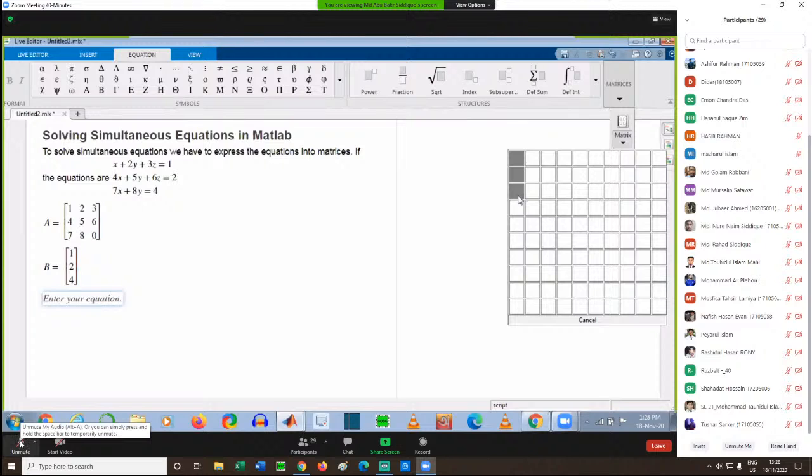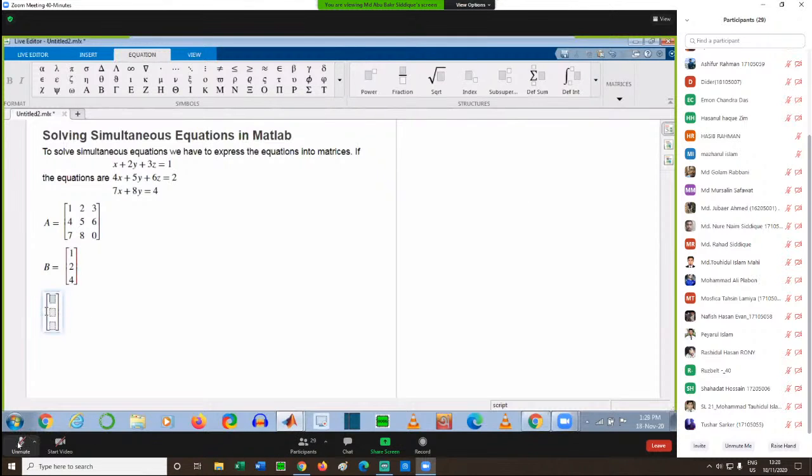So it will be 3 by 1. Is it capital X or small x? Small x. MATLAB is very sensitive. If you write capital and small mixed, it will not work. x, y, and this is the z.